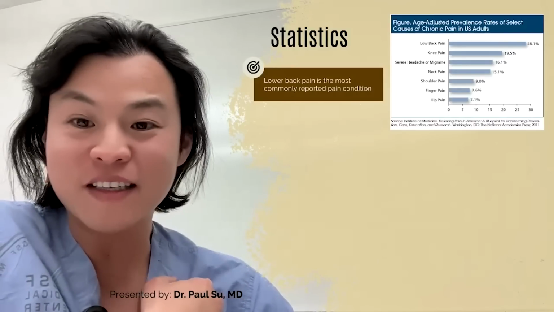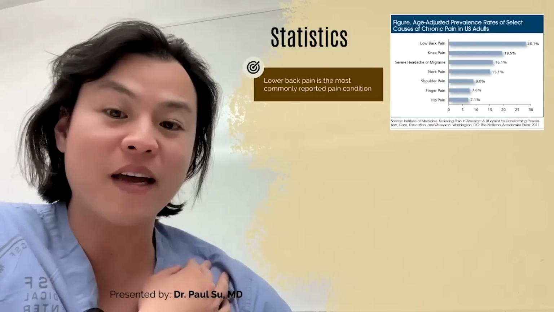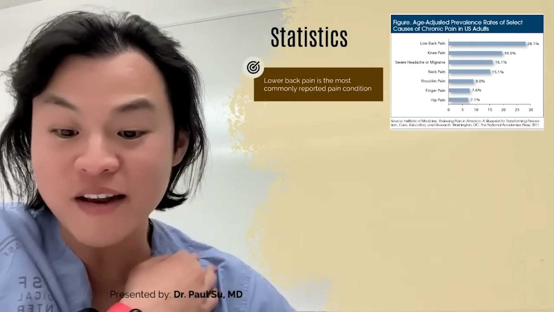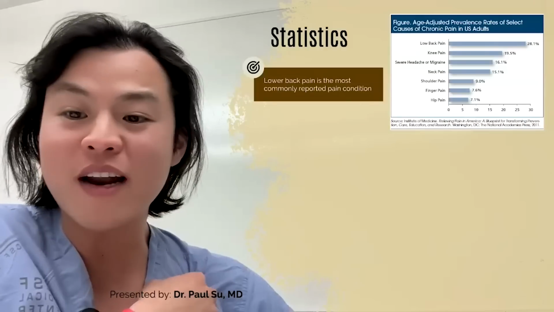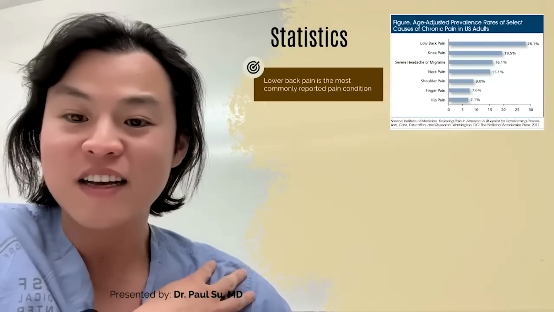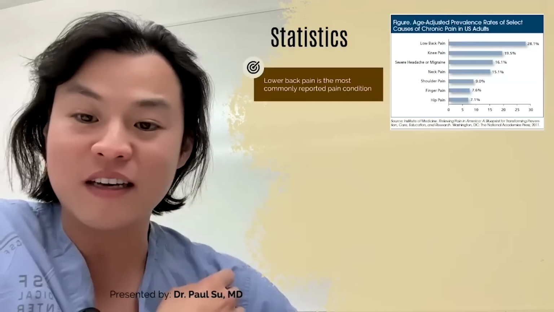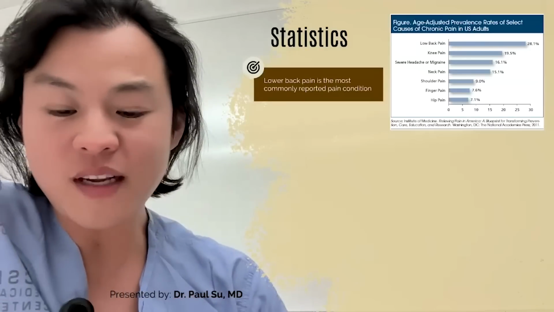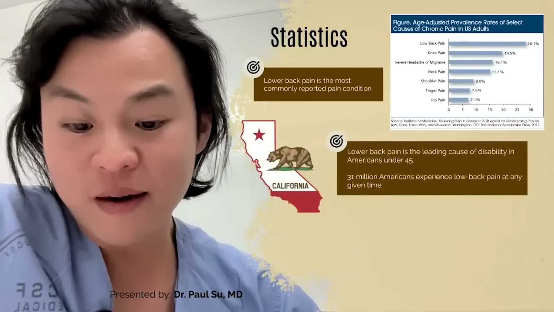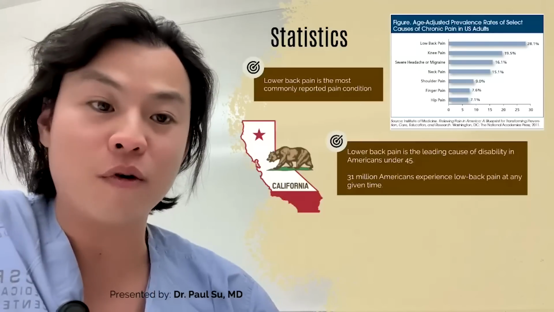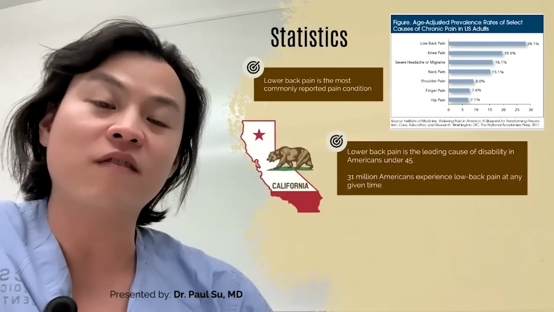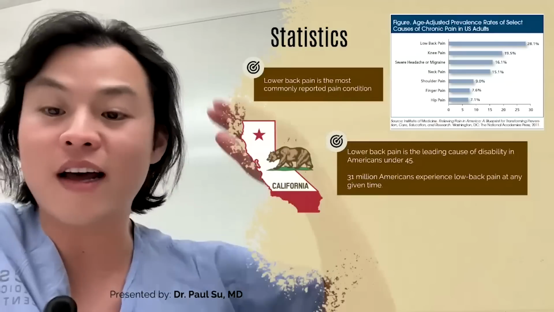And that's because chronic pain or lower back pain is one of the most common pain complaints, way more than knee pain from arthritis, neck pain, headaches, as you can see in this diagram. In fact, lower back pain is the leading cause of disability in Americans under 45. And the prevalence of lower back pain just continues to rise with age.